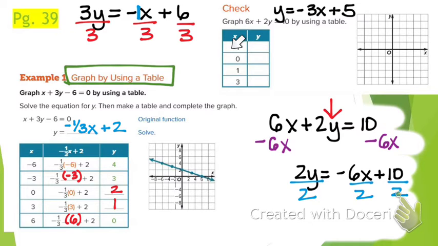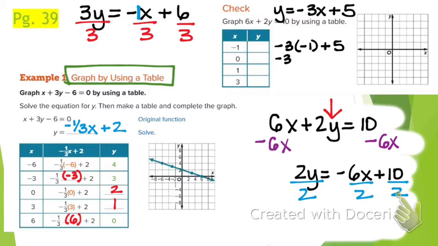Now, Reveal chose these 4 numbers. When you're doing your test, you can pick whatever numbers you want. But they already started it for us, so these are the numbers that they chose. So for x, you're going to substitute in your calculator these 4 numbers. Type in negative 3 times negative 1 plus 5.